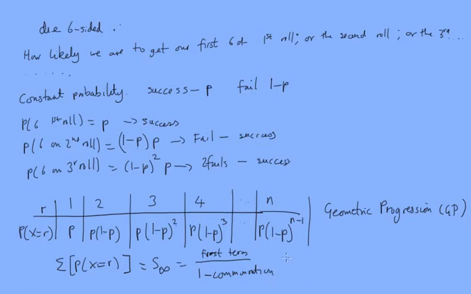The first term is P, and 1 minus the common ratio is 1 minus (1 minus P), which is P. That gives us P over P, which is 1, which is what you would expect, because in these distributions all the different probabilities add up to 1. It's either a success or a failure, and the sum of probabilities is 1.